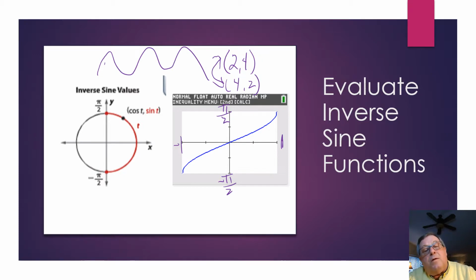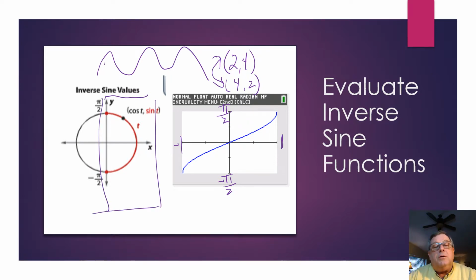So when we're evaluating the inverse sine function, we're talking about the right half of the unit circle, where our range is going from -pi/2 to pi/2, and our values of sine are restricted between -1 and 1.